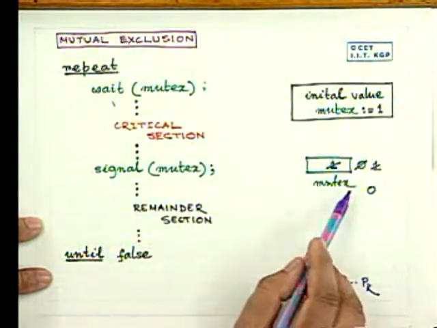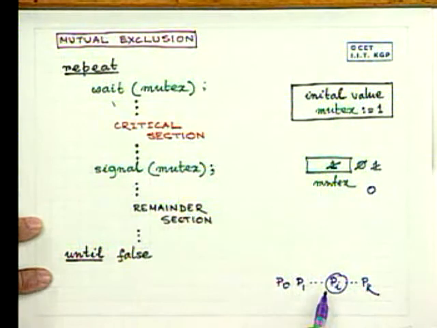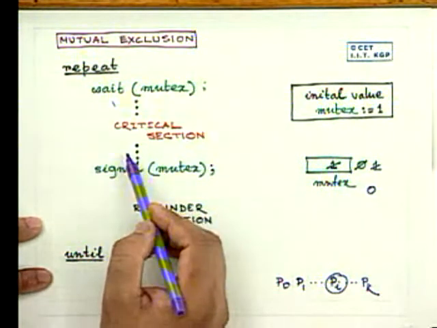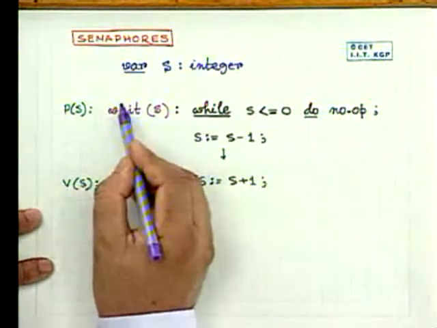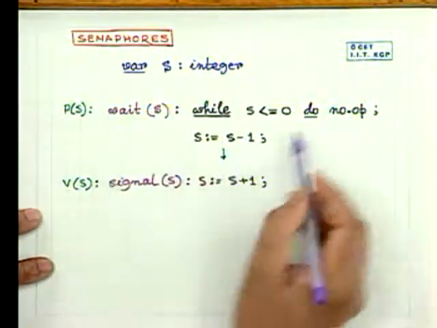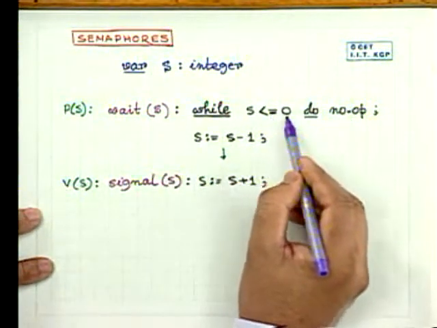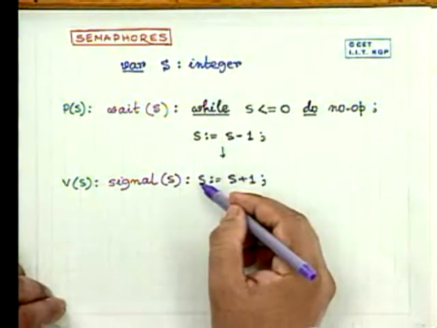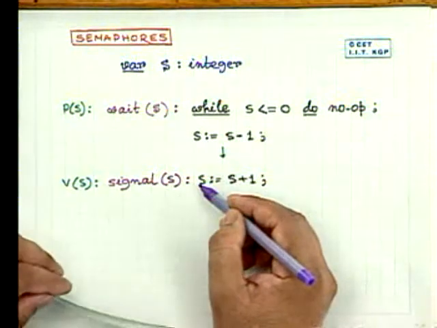Since it is 0, any other process which is waiting on the same mutex, the same semaphore variable, cannot enter its critical section because it will wait in its entry section. Since it is equal to 0, it will wait over here till Pi comes out of the critical section and signals it.